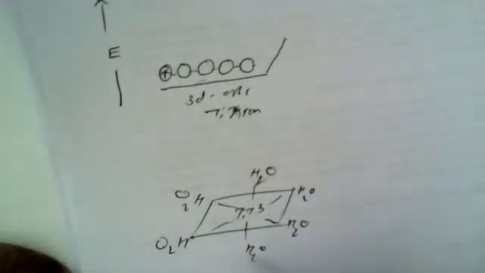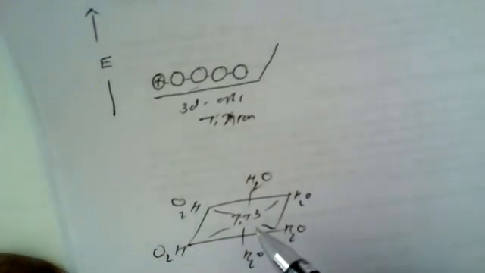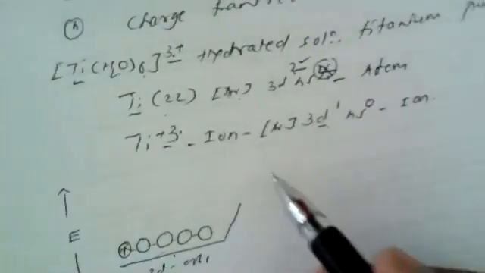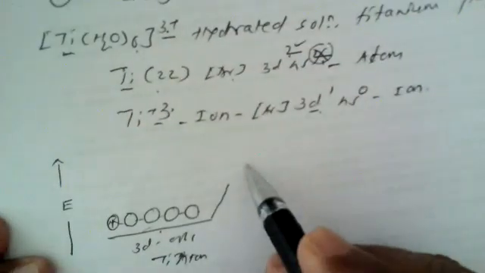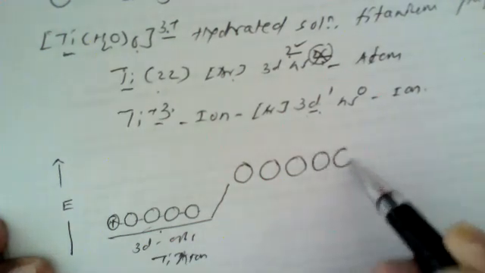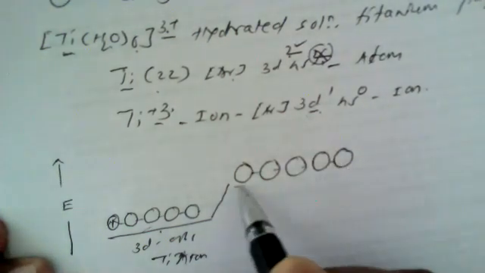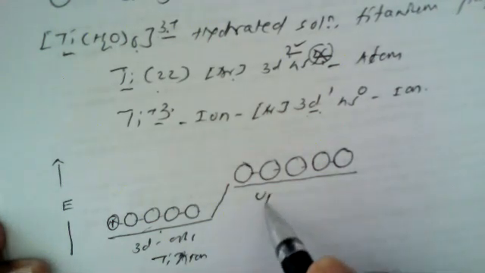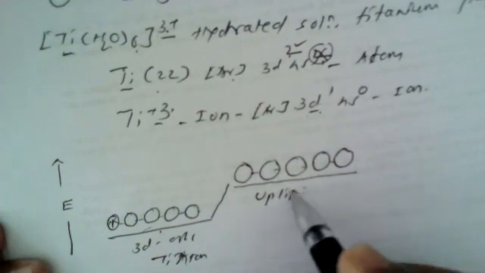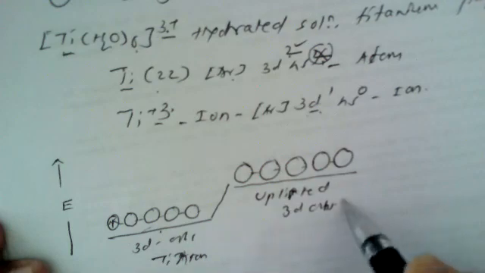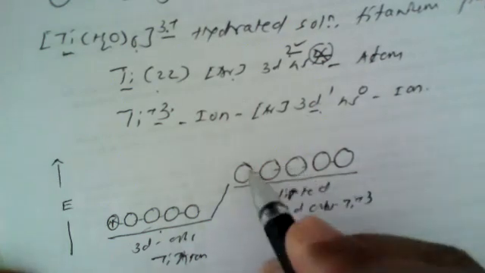When these water molecules come closer to the d orbitals of titanium, the 3d orbitals are somewhat lifted upward. That means the energy of the 5 3d orbitals is somewhat uplifted. These are the 3d orbitals of titanium plus 3 ion, which contain 1 electron, that is 3d1.